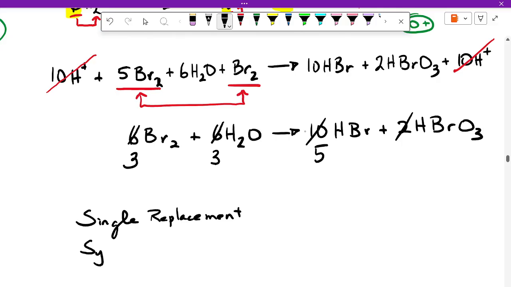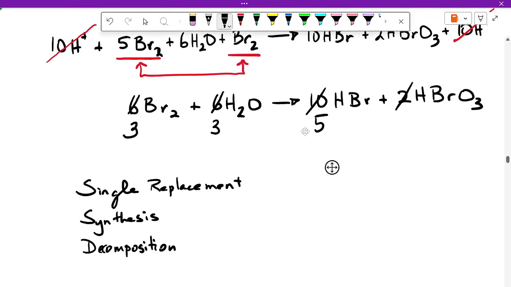Synthesis. Decomposition. And combustion. These ones are all redox.